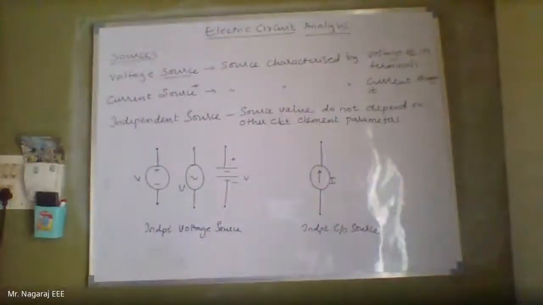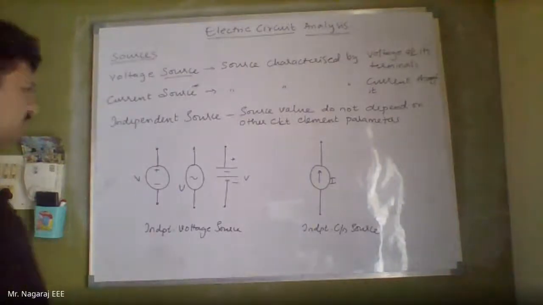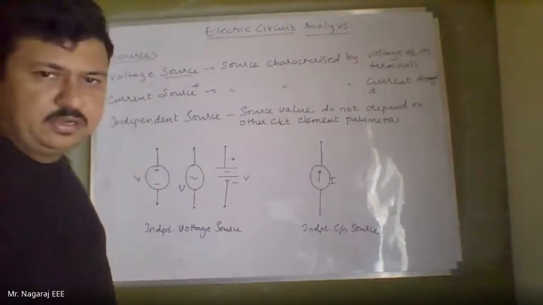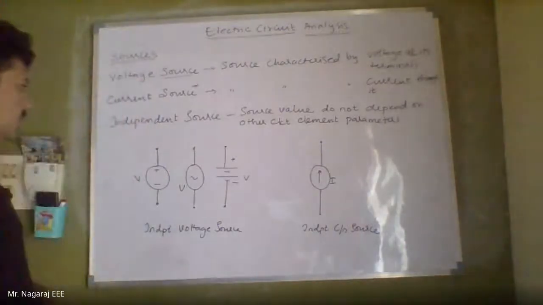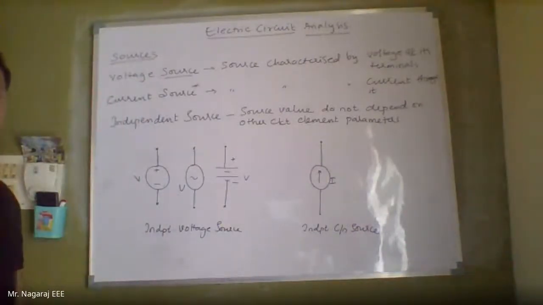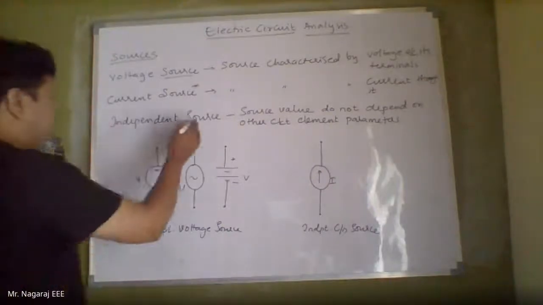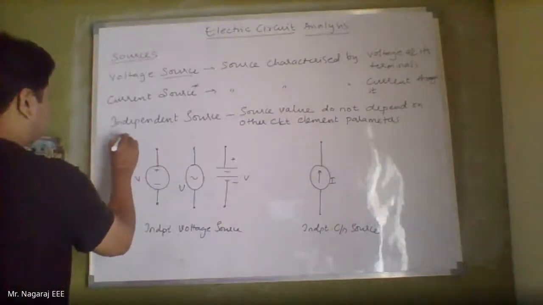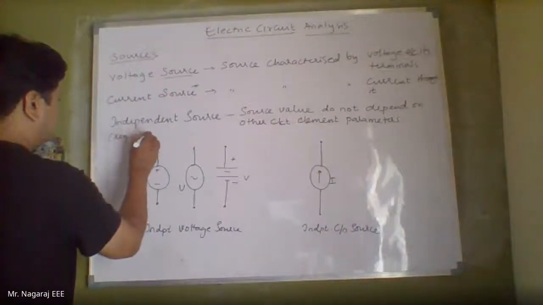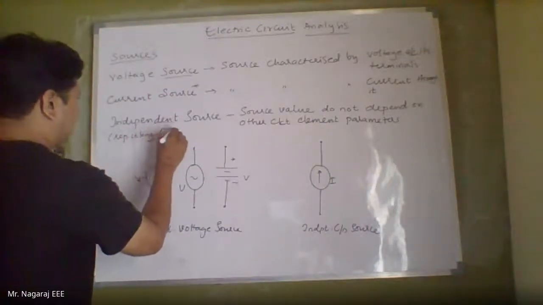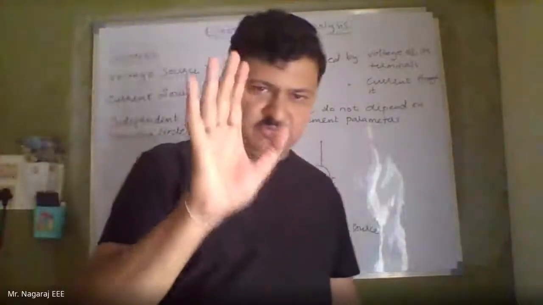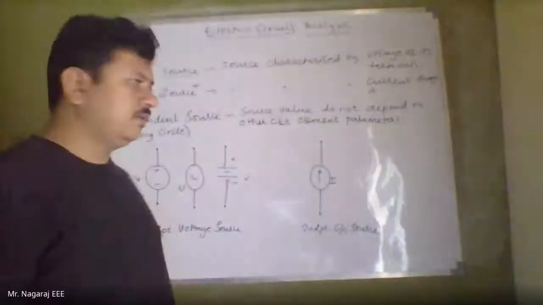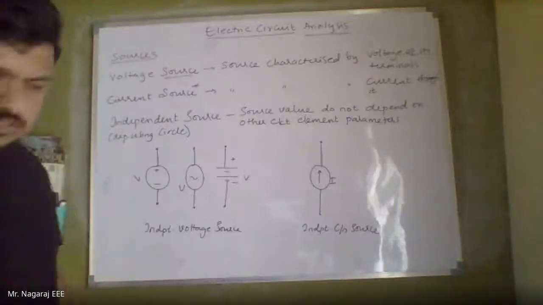If the source values are represented in an element using a circle, these are independent sources. Wherever you get a circle, that is obviously an independent source. Then what is a dependent source?